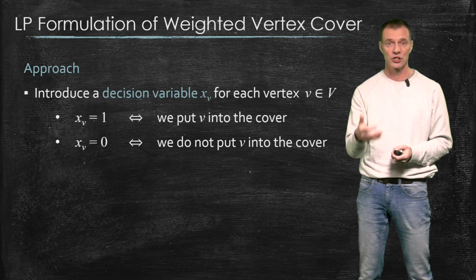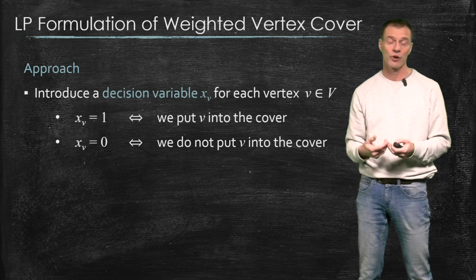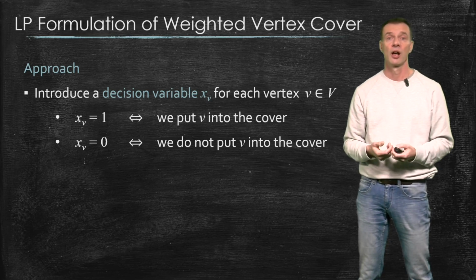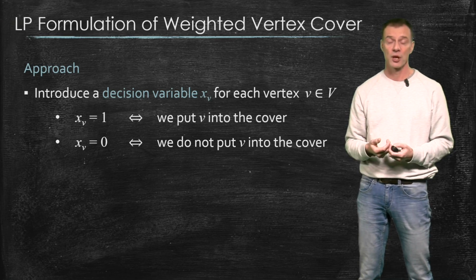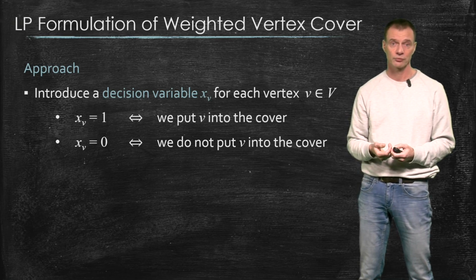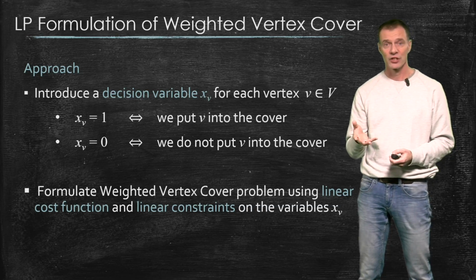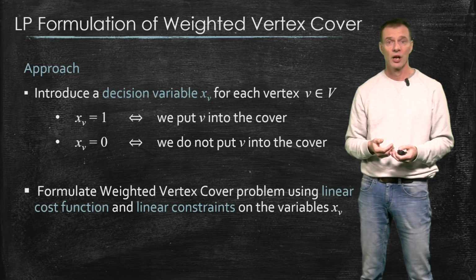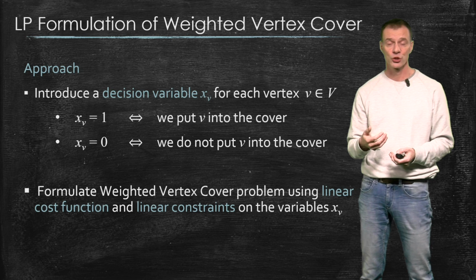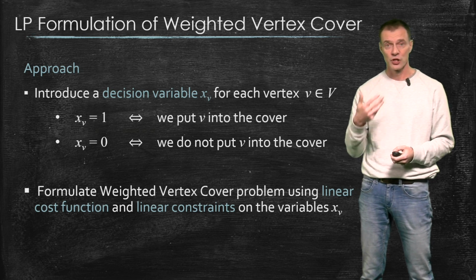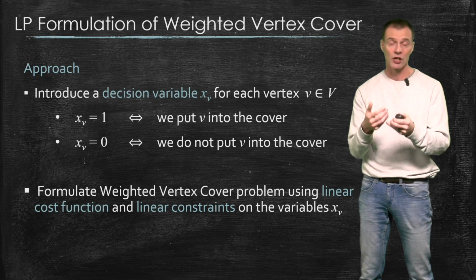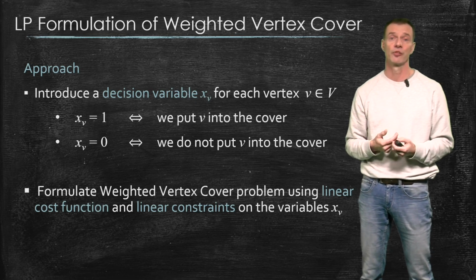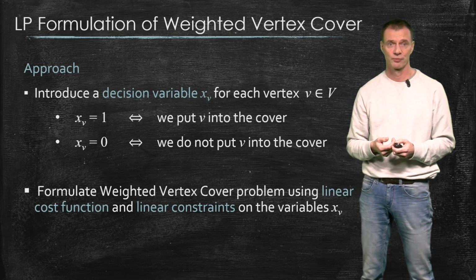Okay, so now I have a decision variable, and if I could find the optimal values for these variables, hopefully that would correspond to getting an optimal subset of vertices, an optimal cover. So the next step now is to formulate the condition that something is a cover using some constraints, and also to formulate the objective function, that we want to minimize the number of vertices, also as an objective function in our LP using the variables that we just introduced.